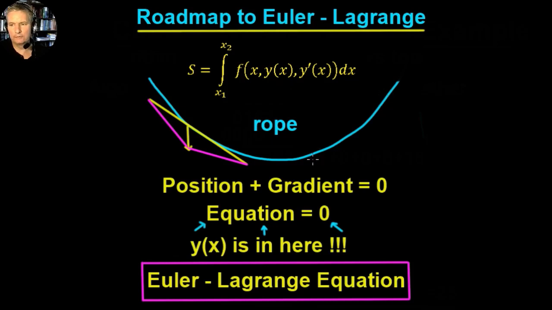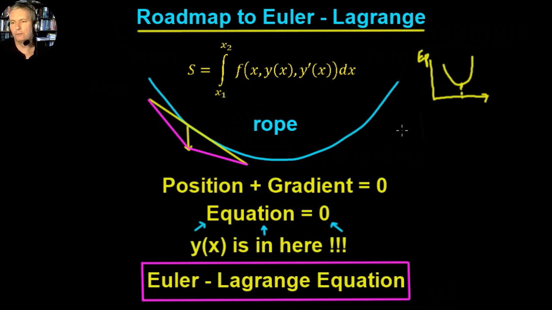So if we were to say, for example, we had a load of functions along the x-axis here, and we were to look at the value of S for those functions, we could say in terms of a hanging rope that we might find one particular function y of x, which is here, which minimises the gravitational potential energy.